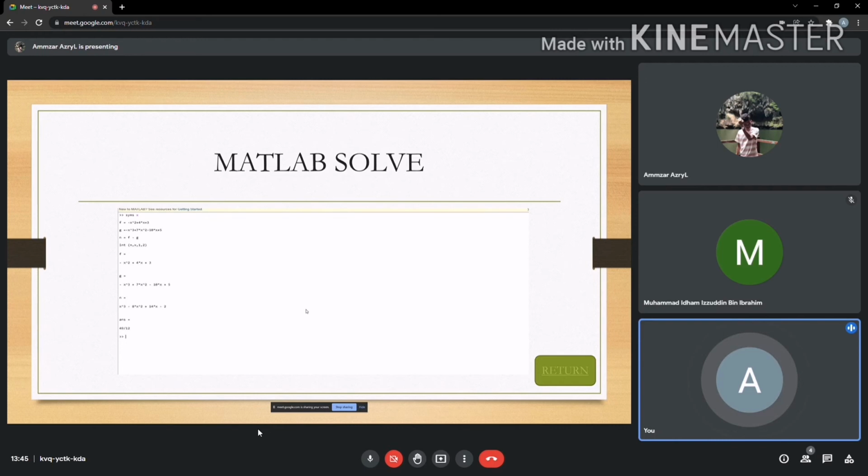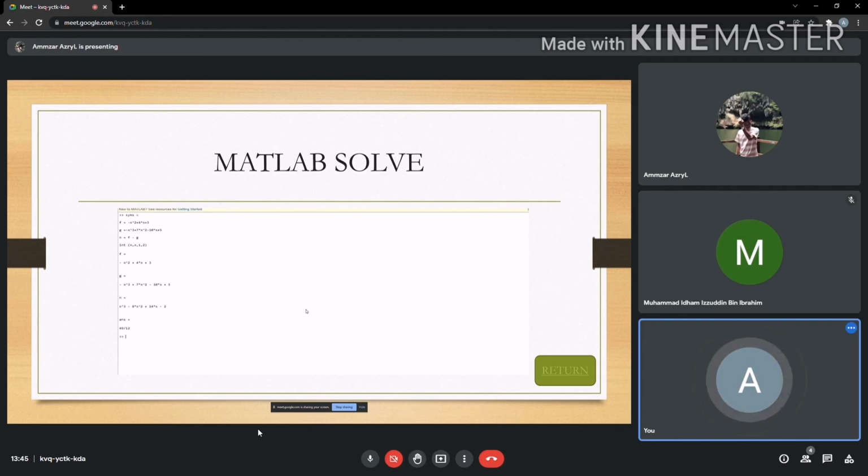And then for g(x) is negative x to the power of 3 plus 7 times x to the power of 2 minus 10 times x plus 5. And we put the equation n equals f minus g.